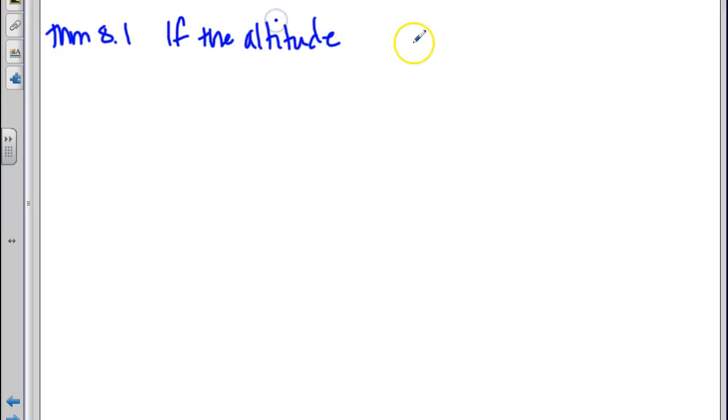All right, let's get some theorems going here. These are theorems that you'll need to put in your notebook. Theorem 8.1 says, if the altitude is drawn, we know what an altitude is, right? That's the line that comes from a vertex to the opposite side and is perpendicular to that opposite side. It measures the height.